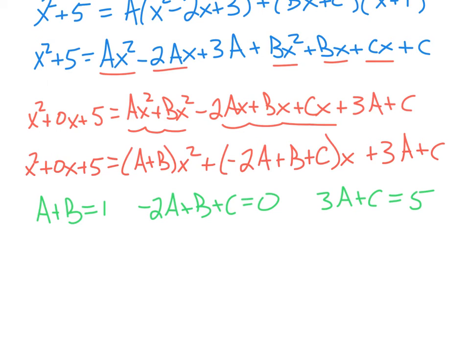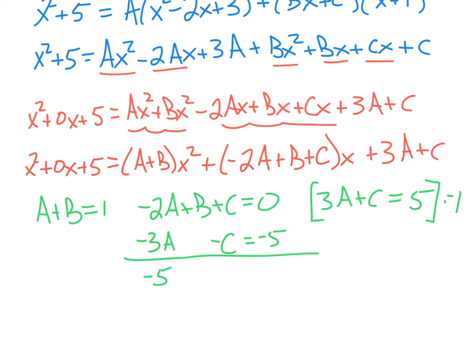Just a quick refresher. We already have eliminated c here, so then we can use these two to eliminate c. And then that'll make our process fairly quick. So then I'm going to multiply this one by -1. And so then we have -3a, negative c, and -5. And so now when we add that down, we have -5a plus b equals -5.